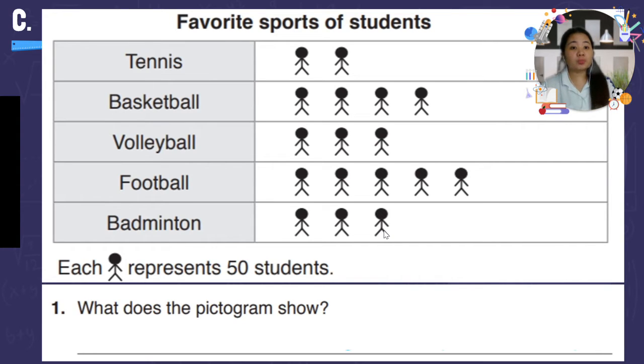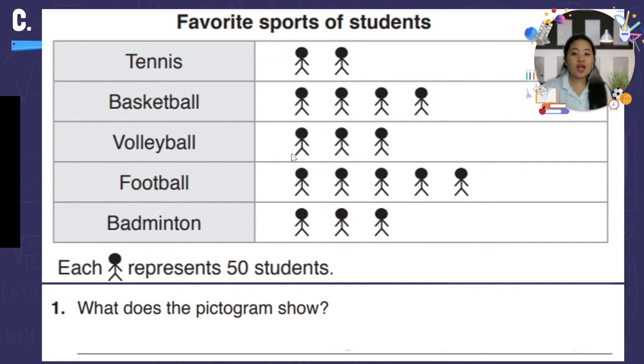Is that the proper way to count how many students there are? No, because you have to look below the table. It says each picture represents 50 students. So if tennis has 2, 50 plus 50, tennis has 100 students. Basketball, 50 plus 50 plus 50 plus 50, is 200 students.